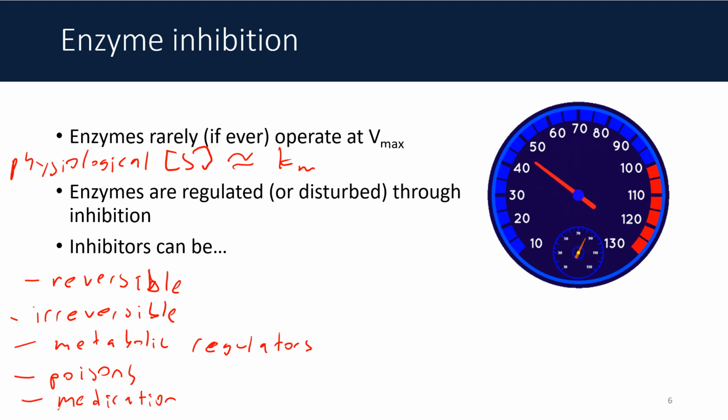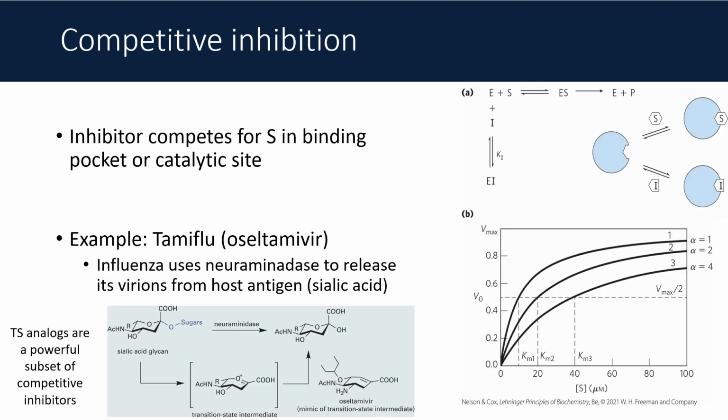So if you're interested in the fields of pharmacology or drug development or healthcare, you're probably going to be very interested in how enzyme inhibitors work. I'm now going to show you how to classify and recognize different patterns of inhibition. And the first mode is called competitive inhibition.